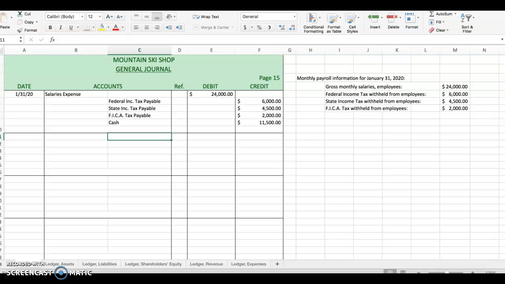And it has to be $11,500 because the total of all the credits, including the cash, must equal $24,000, which is the debit. Debits must always equal credits. So typically, you know these three numbers. You add them up, subtract from $24,000, you get $11,500. That's the net pay.